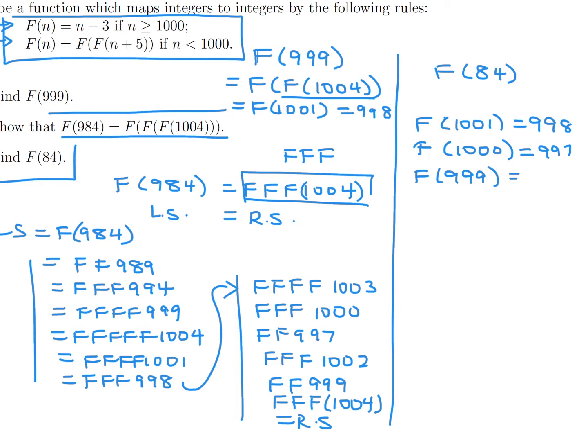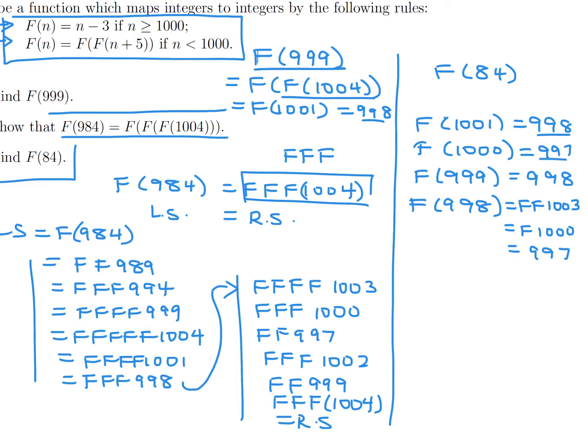Yeah, f at 999 was 998. And then f at 998, you can do that very quickly. That would be f at f at 1003, and then that would be f at 998. Oh, sorry. No. You subtract 3, so it'd be f at 1000, and then that would be 997.